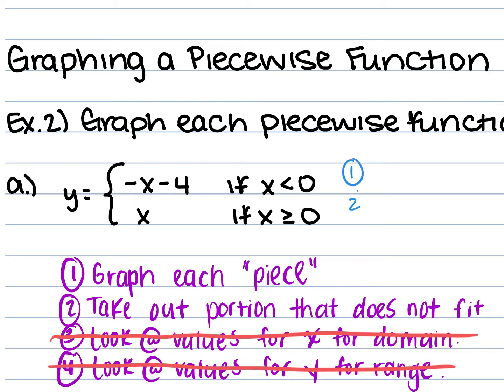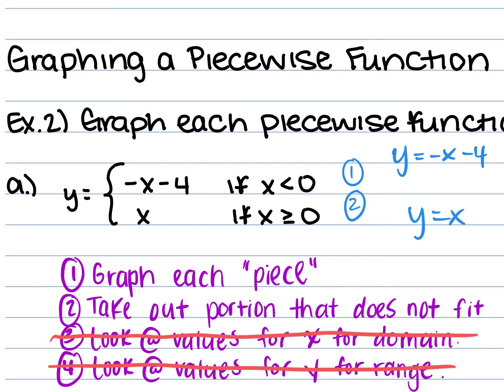Why is it going to have 2 pieces? There's 2 lines, 2 functions that we could be equal to. My first function is y equals negative x minus 4. My second function is y equals x.